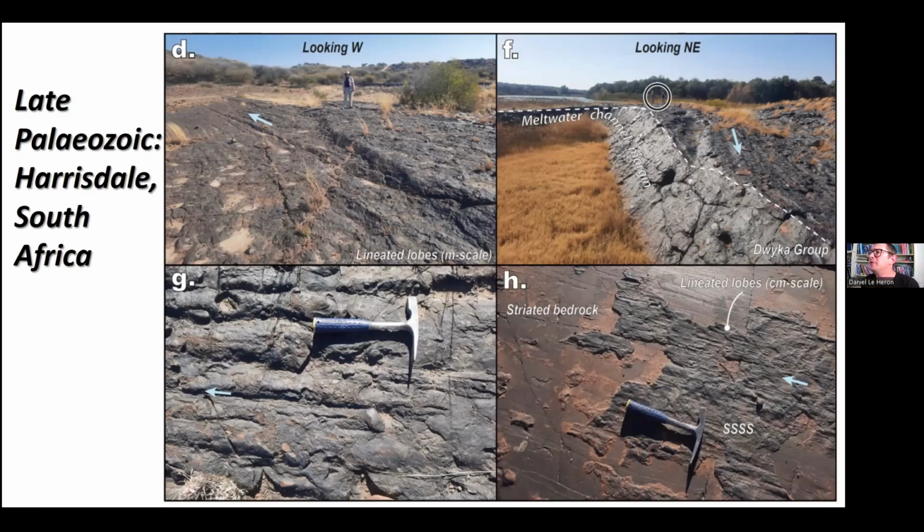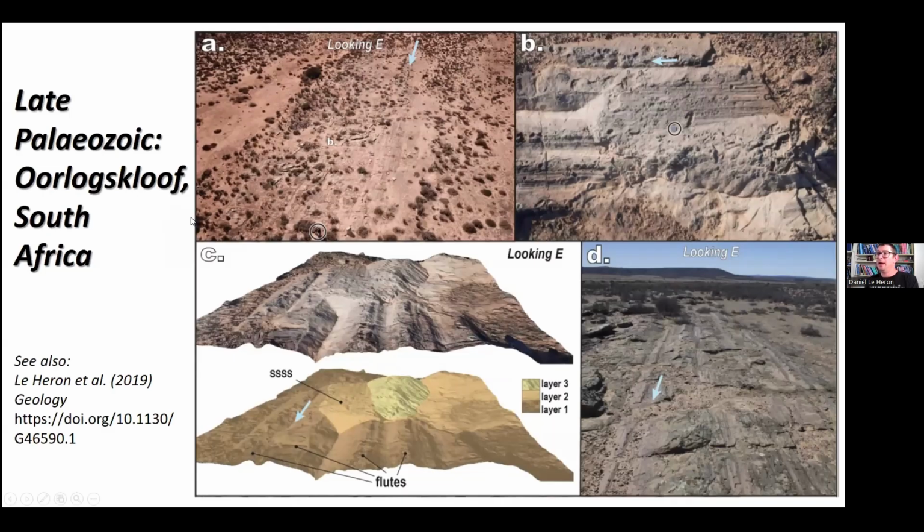In the top right-hand picture, we have a similar meltwater channel like we saw in Saudi Arabia from rocks that were 130 million years older, sorry. And final example from the Paleozoic would be Orlog's Kloof in South Africa, another amazing outcrop.